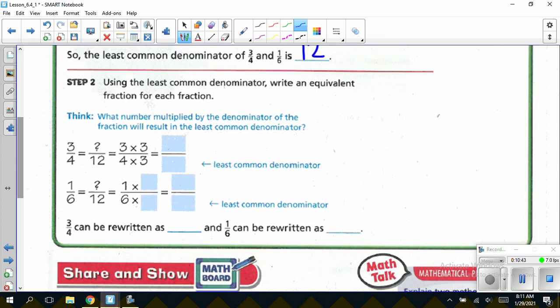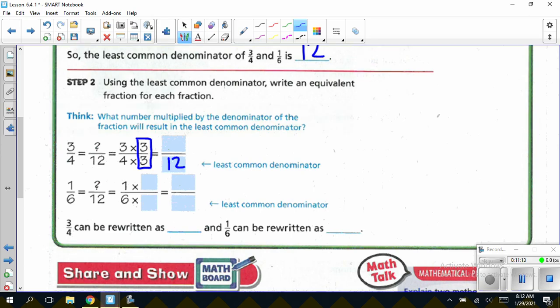So notice they've already set up the multiplication for us. And for the 3/4, notice they are multiplying by 3 over 3, which is equivalent to 1 whole, because we know that 4 times 3 gives me that LCD of 12. And then any number that you multiply the denominator by, you do the same thing to the numerator, because remember, we want to make it equal to that 1 whole for that fraction that we're multiplying by.